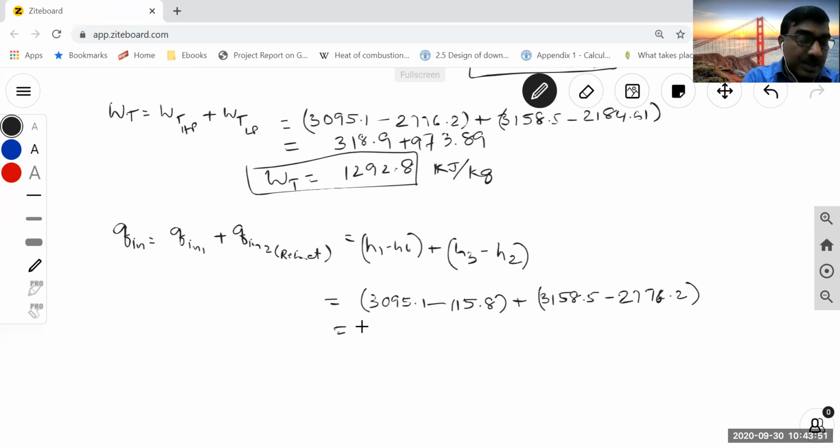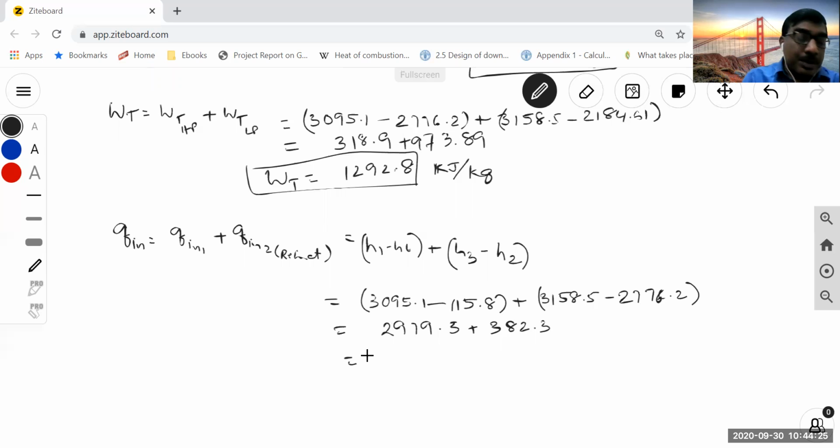Let us see how much this is. 3095.1 minus 115.8. That is 2979.3. Again another one is 3158.5 minus 2776.2, 382.3.